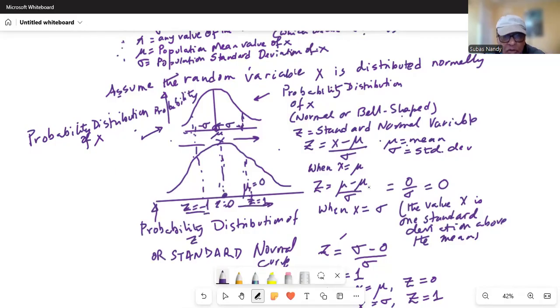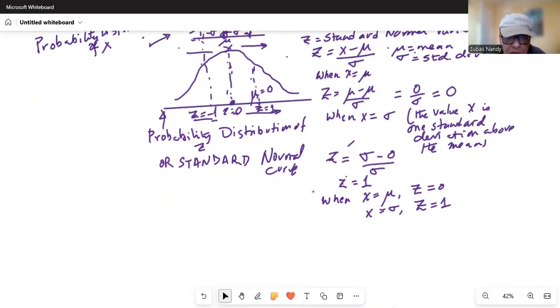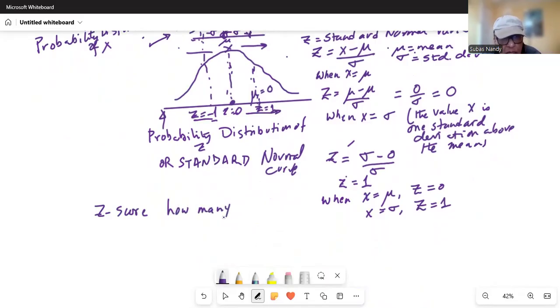So we can make a note of this. Z-score tells us how many standard deviations we are away from the mean.